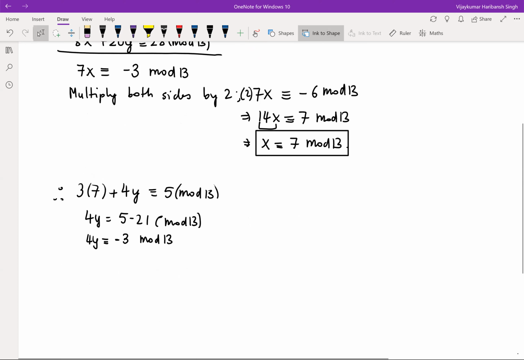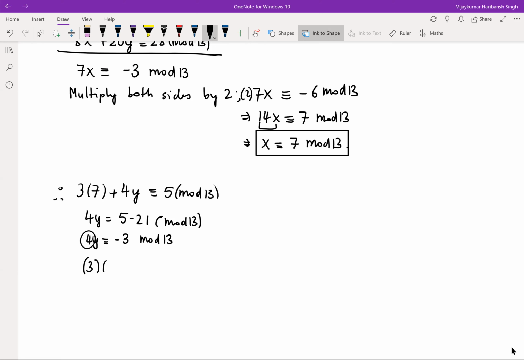So we want to solve for y now. We need to get rid of this 4. Either we multiply by the inverse of 4 mod 13. What is the inverse of 4 mod 13? 4 times 3 is 12, right? So instead of finding the inverse, why don't we multiply both sides by 3?